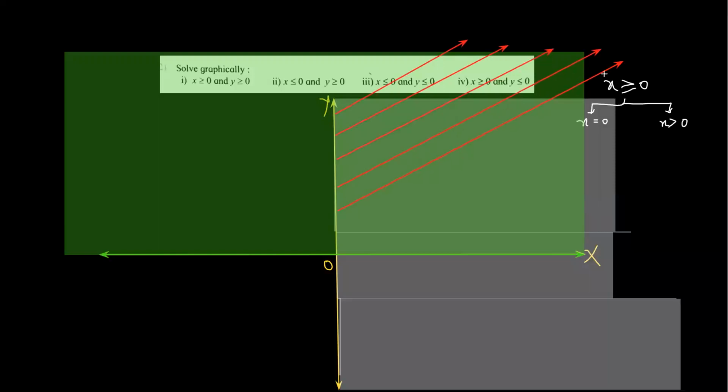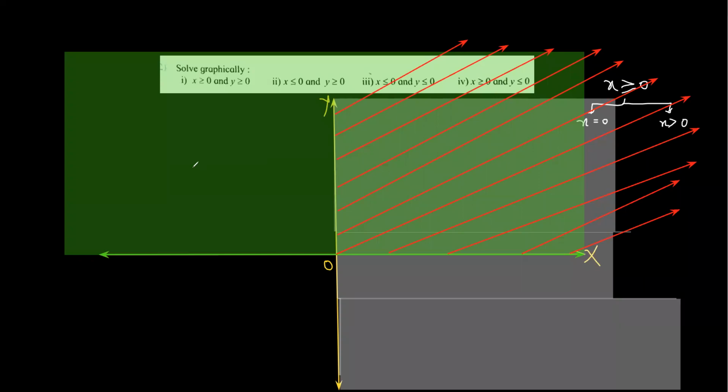All the points in the first quadrant simultaneously satisfy both conditions. Why? Because for all these points in the first quadrant, x is greater than 0 as well as y is greater than 0. Along with the positive y-axis and positive x-axis, because on the positive y-axis you have x equal to 0, and on the positive x-axis you have y equal to 0.